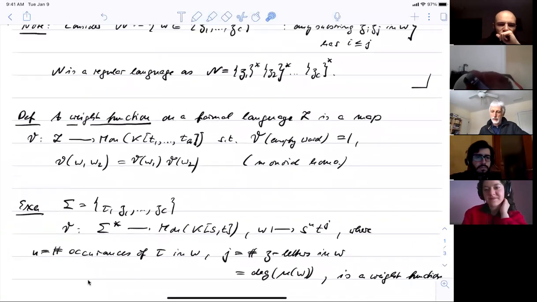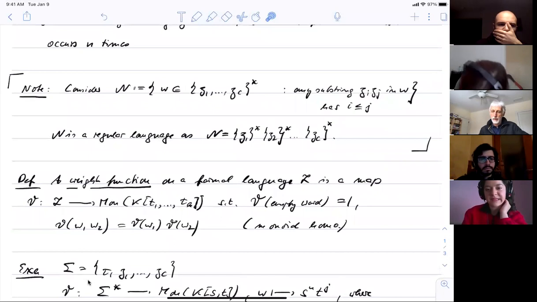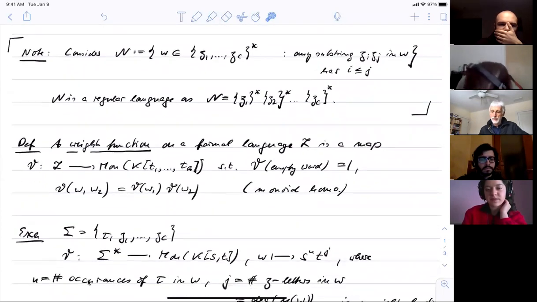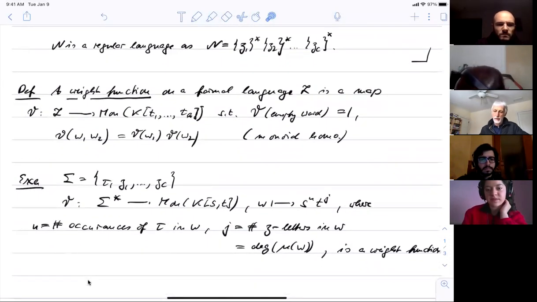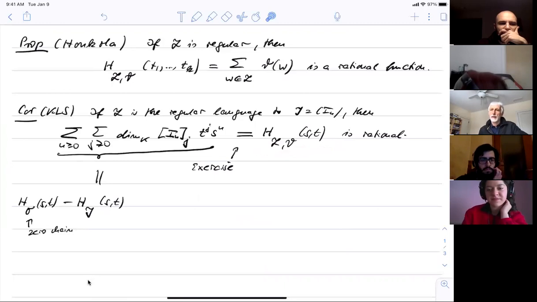And now we translated this problem into a problem of counting monomials in a formal language using a weight function. And then we had seen, well, this is basically equivalent to what we want to achieve. And so now we have to show we can do this counting.